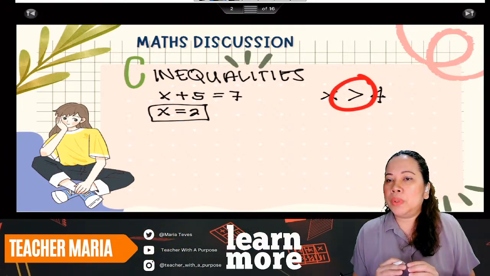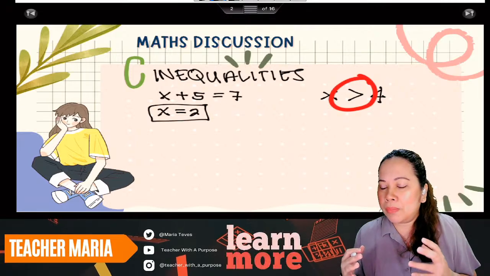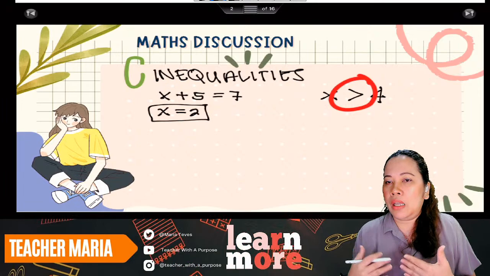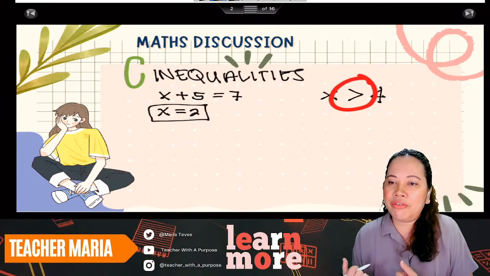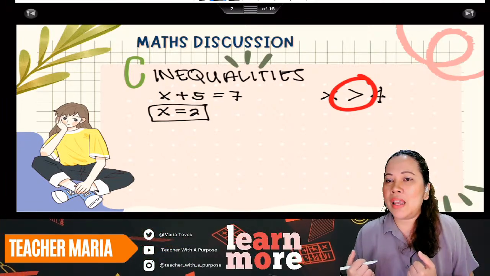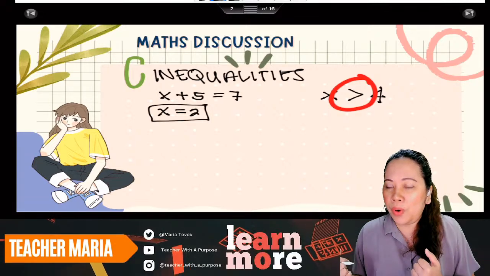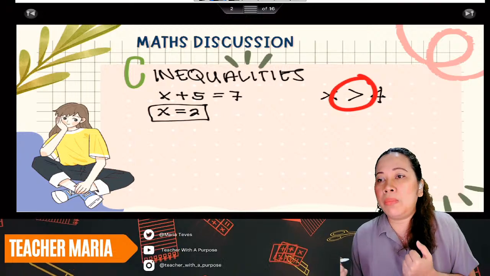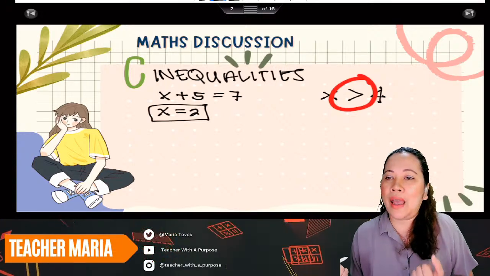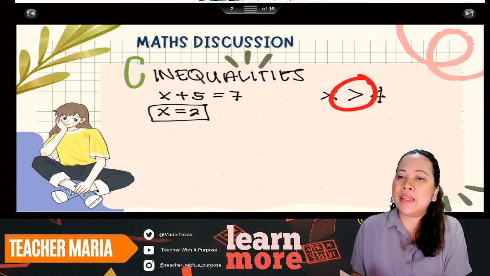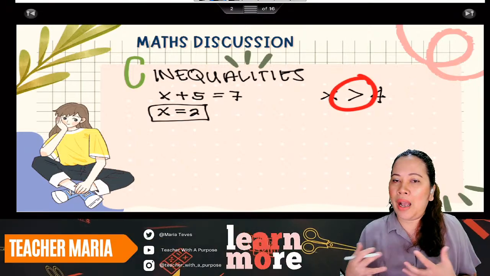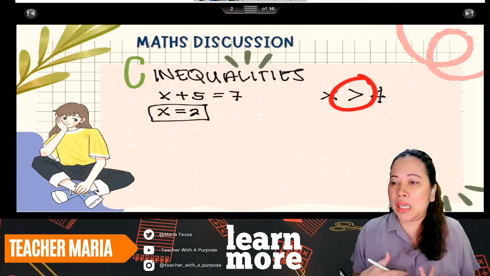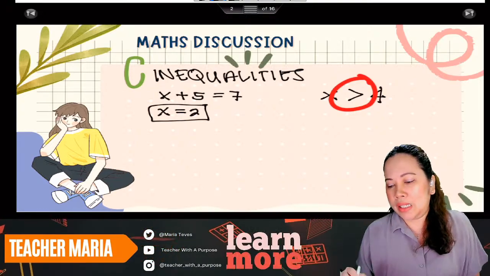It's not possible to list down all the values, right? If we say x greater than 4, we cannot say that x is equal to 4, or that x can only be 5 or 6. That's the difference between an inequality and an equality.